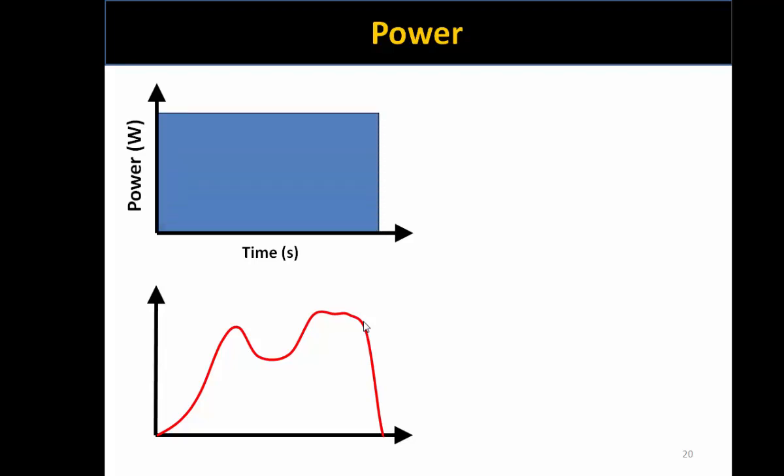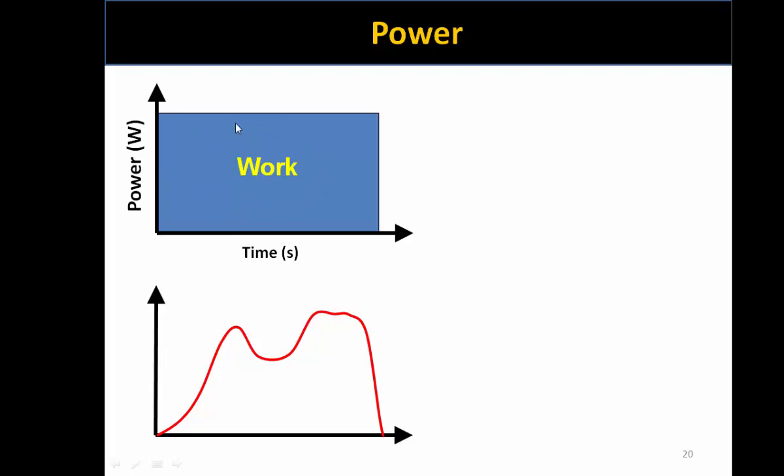If we wish to obtain a value for mechanical work from power, we express power in watts as a function of time. If power is held at a constant rate over an interval of time, we simply multiply power by time, and that will give us a value for work.